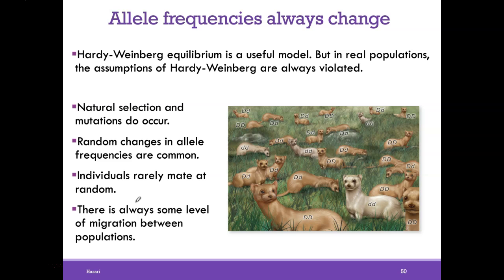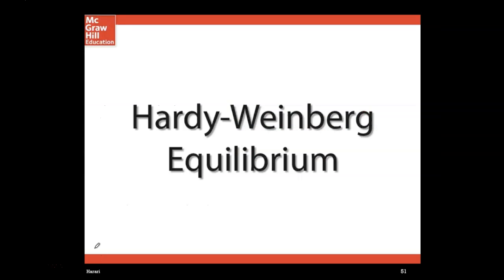So we can use it to either reject or support a null hypothesis saying no evolution is occurring. So again, Hardy-Weinberg has its limitations, so that's important to understand. It's hard to use Hardy-Weinberg in a real population. So I'd like you to watch the video contained in the ebook on Hardy-Weinberg equilibrium now before moving forward.